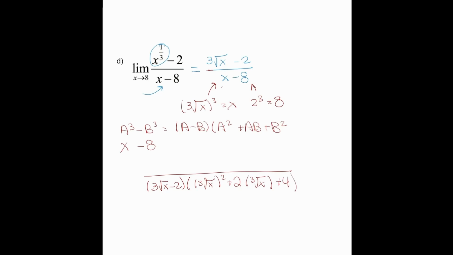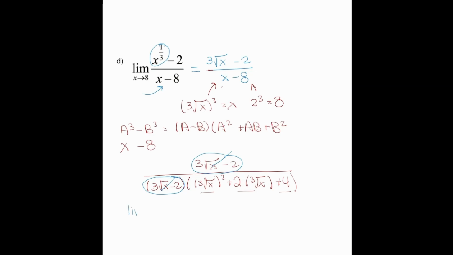So remember, this is just my a squared plus ab plus b squared. So now we can cancel out; I better rewrite at the top too, the cubed root of x minus 2. So now I have a cubed root of x minus 2 on the bottom and the top. I can cancel those out.